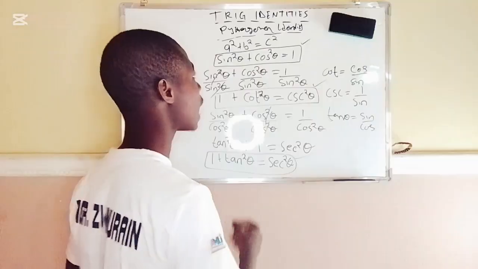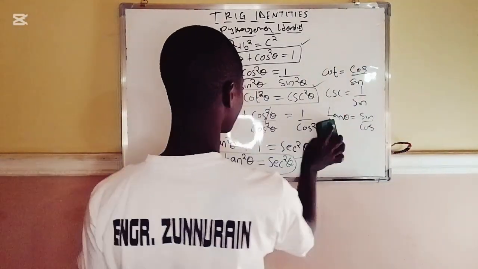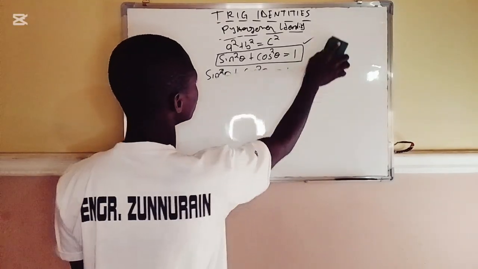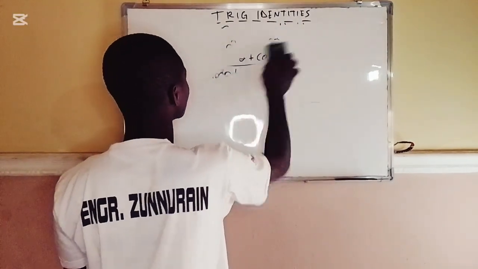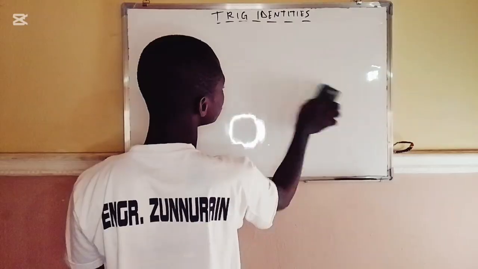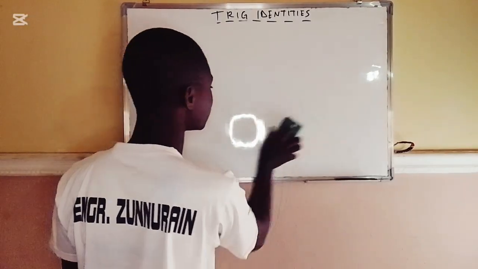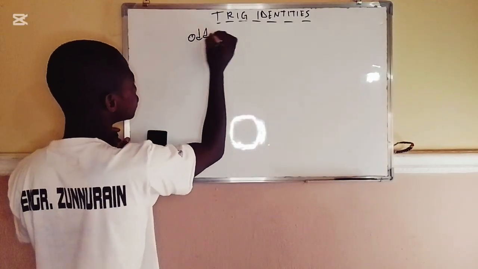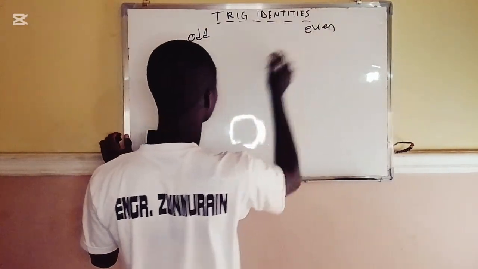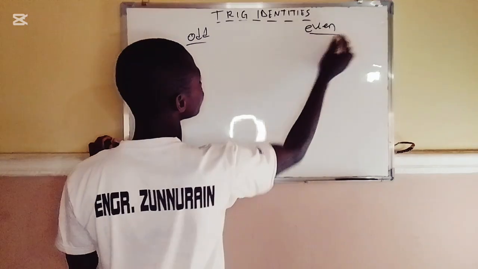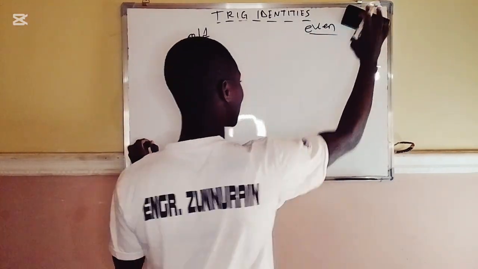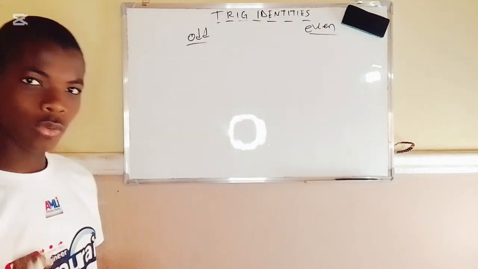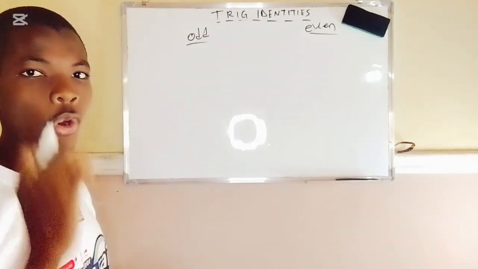So let's see the double angles. But before seeing the double angles, let's talk about even and odd functions of trigonometric identities. First we have odd, and this is even. How can you understand whether tan or secant or cotangent is odd or even?